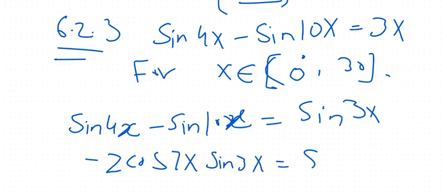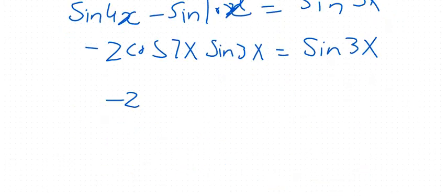What we got: minus 2 cos 7x sine 3x minus sine 3x equals 0. Factor out the common factor, which is sine 3x.